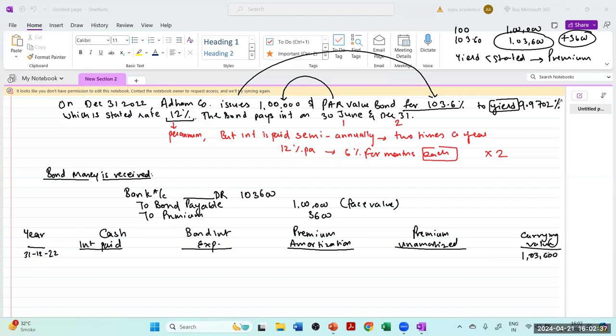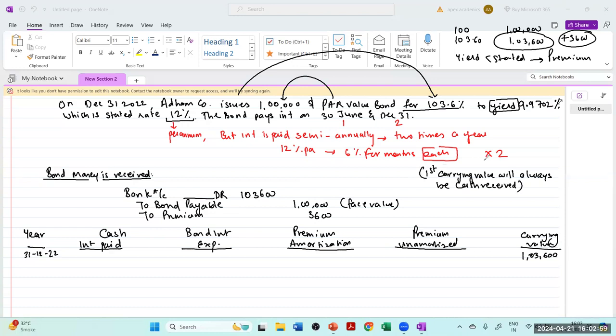Agreed or disagreed? My dear friends, pay attention, the first carrying value, now I'm making it very mechanical, will always be cash received.